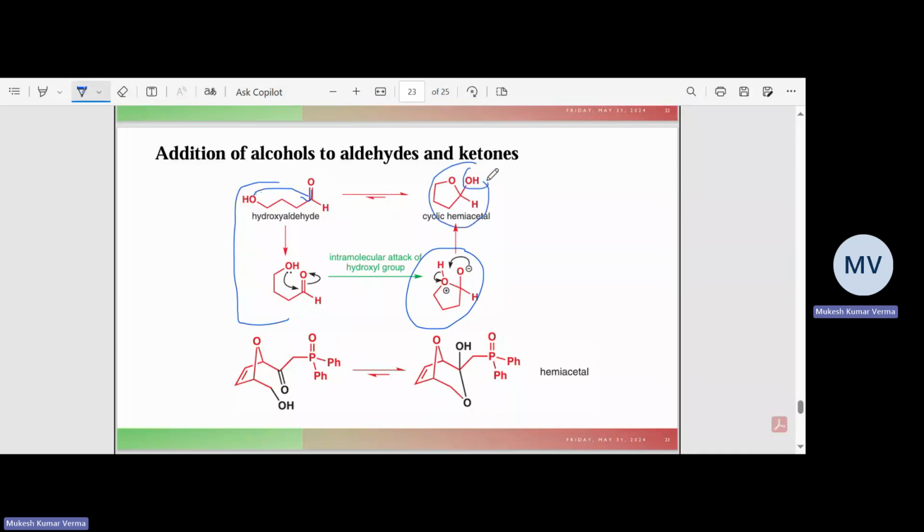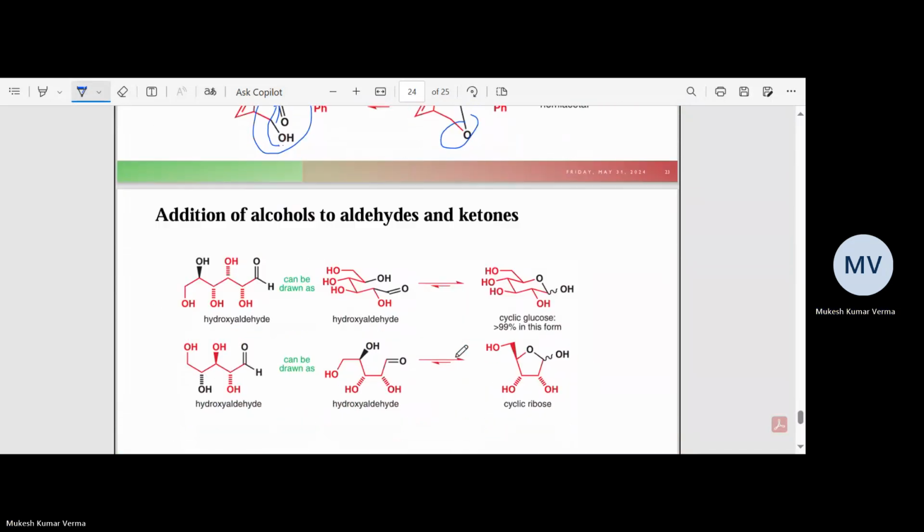Hemiacetal means that one OH is present and one is an ether. When two ethers are present, it is an acetal. In the second reaction, there is also an intramolecular reaction, the attack of the OH group toward the carbonyl carbon. With one OH and one ether, it is a hemiacetal.